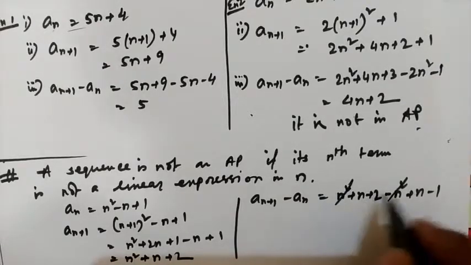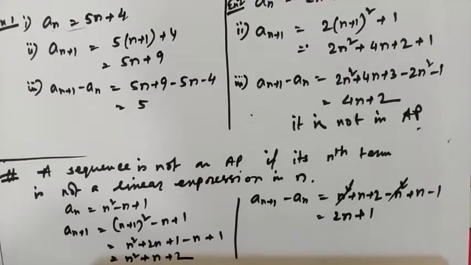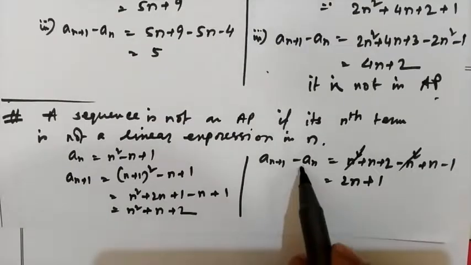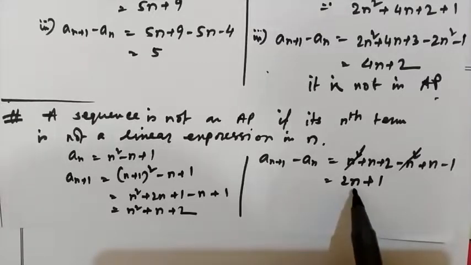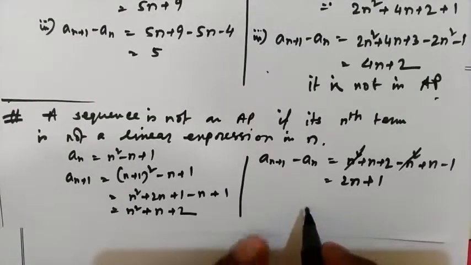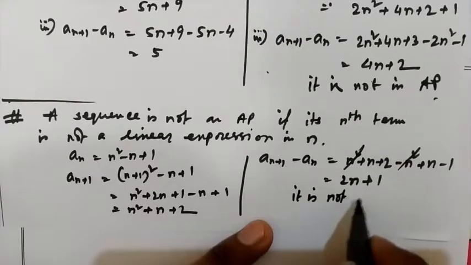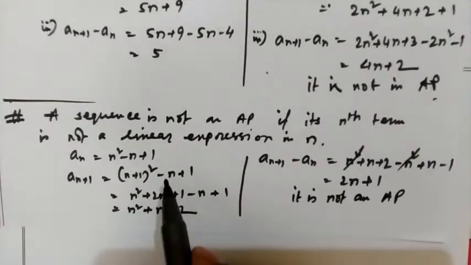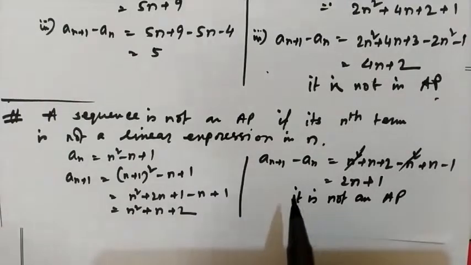N square will get cancelled out, so 2n plus 1. So a n plus 1 minus a n is 2n plus 1, which is not independent of n, as we are getting n here. So that means it is not an AP. So if an expression is not linear, that will not satisfy the condition for becoming an AP.